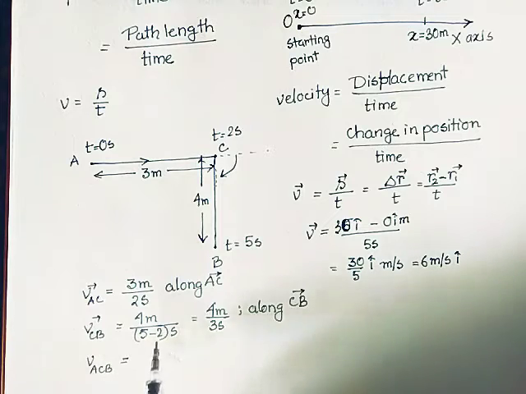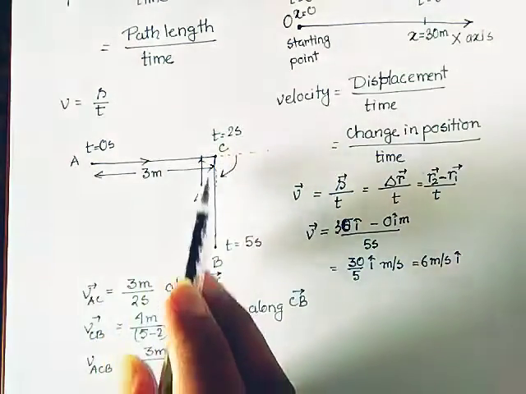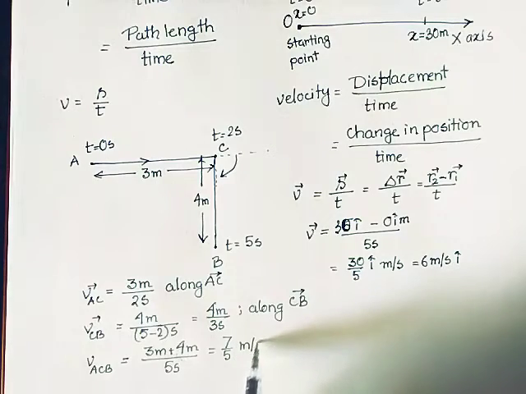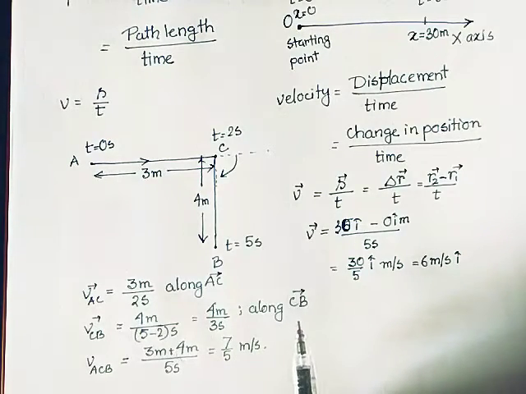There is no vector sign over here, and that will be 3 meter plus 4 meter, and the total time elapsed is 0 to 2, then 2 to 5. The total time elapsed is 5 second, so it will be 7 divided by 5 meter per second, and there is no direction associated with it.